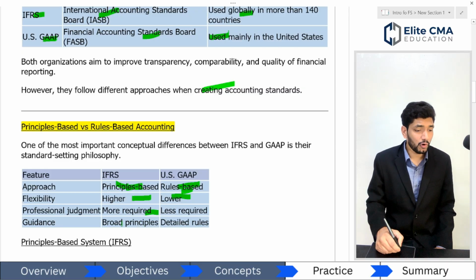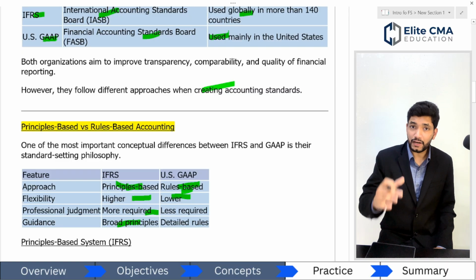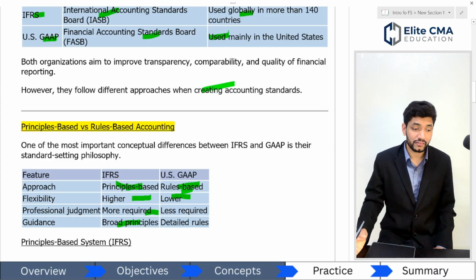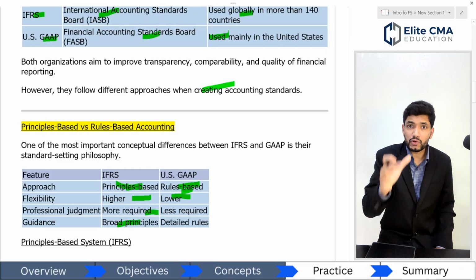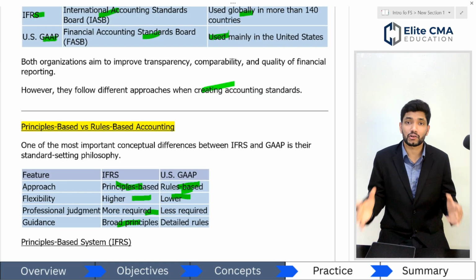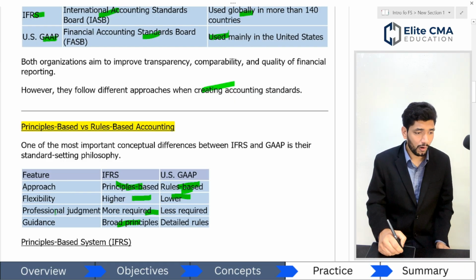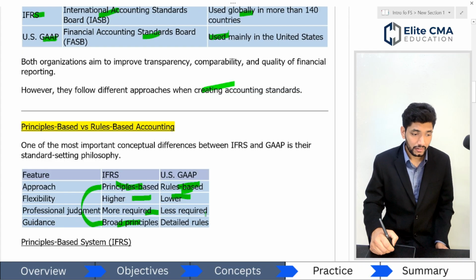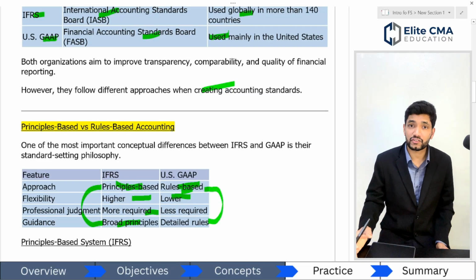On guidance, IFRS is based on broad principles, while US GAAP is based on detailed rules. That's why IFRS is called a principle-based approach and US GAAP a rule-based approach.